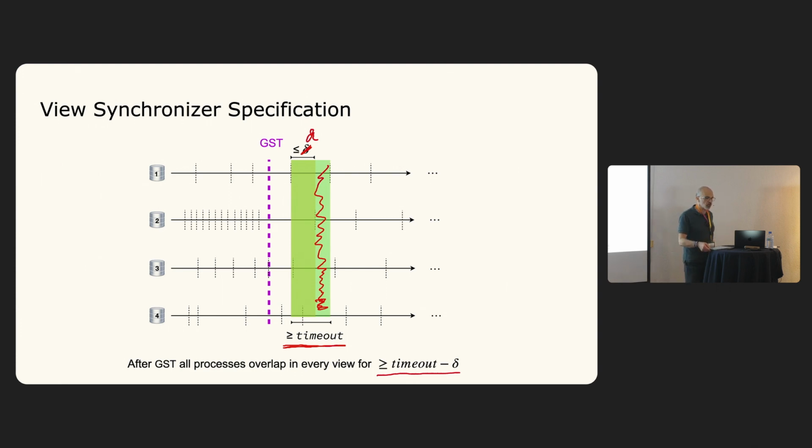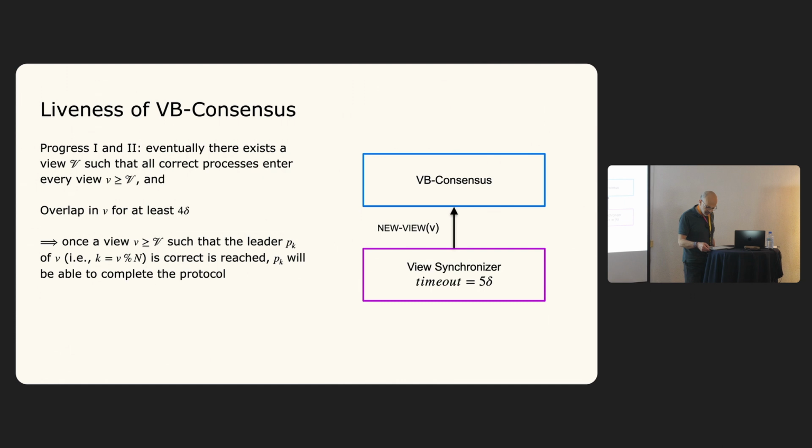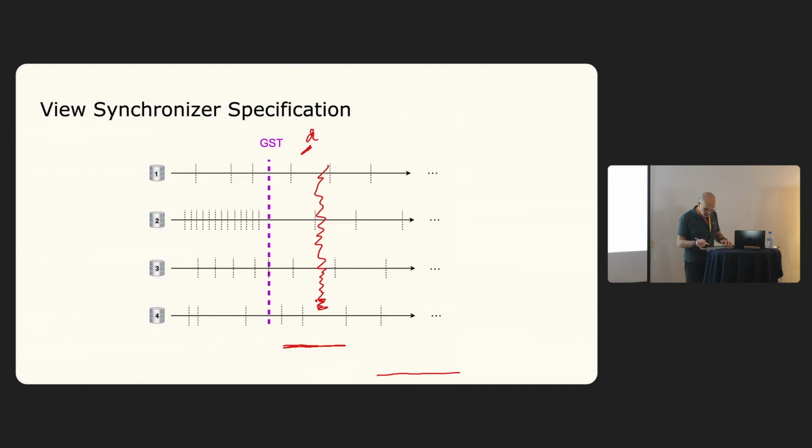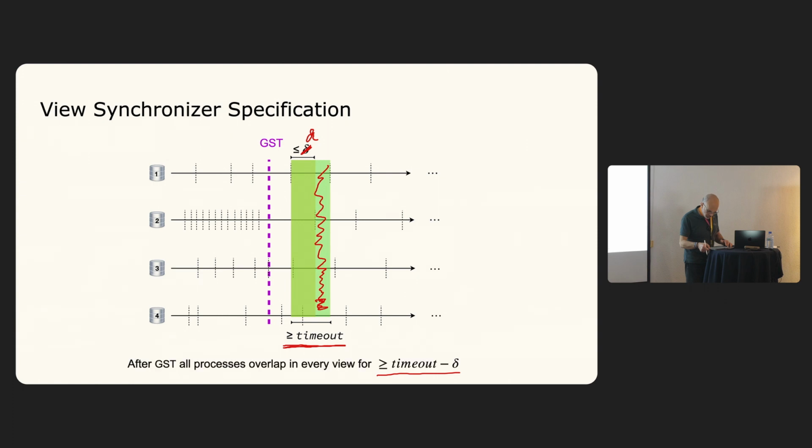So for the VB consensus that we discussed, this timeout is going to be 5 delta because we need... sorry, I had to be more precise here. Because this is not delta, this is D here.